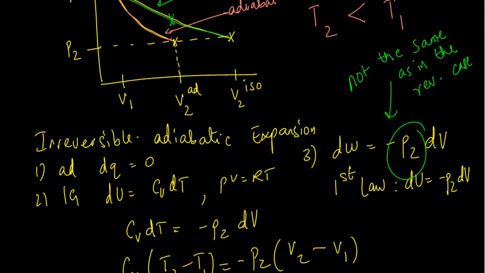Just P2, right? V2 is the same. The final volume is the same. P2 is not the same. V2 is the same. This is a gas. It's an ideal gas, obeys the law. PV is equal to RT. So P2 will not be the same.